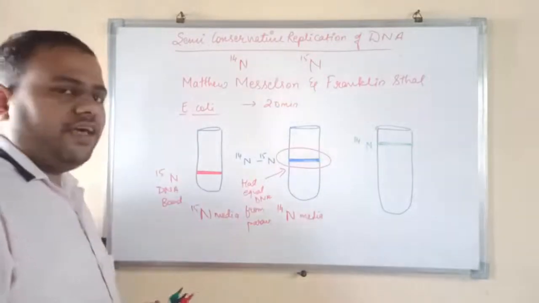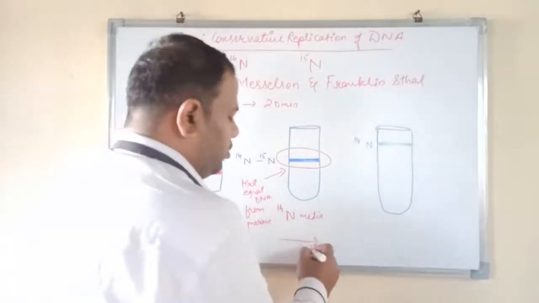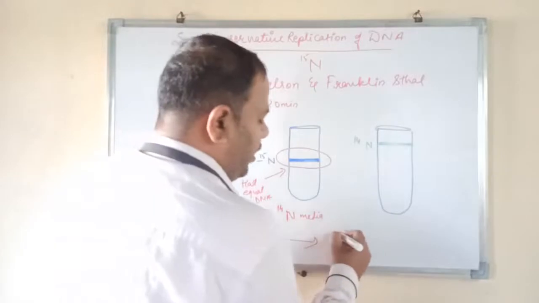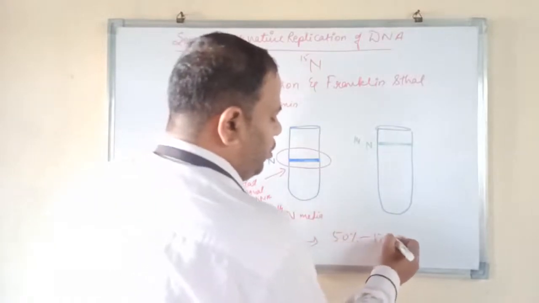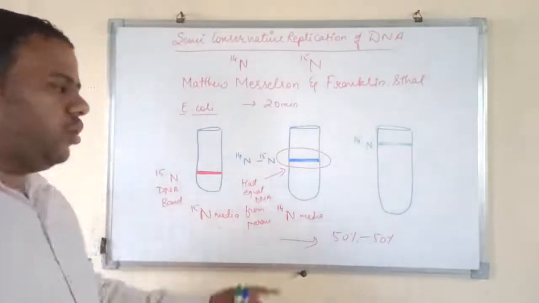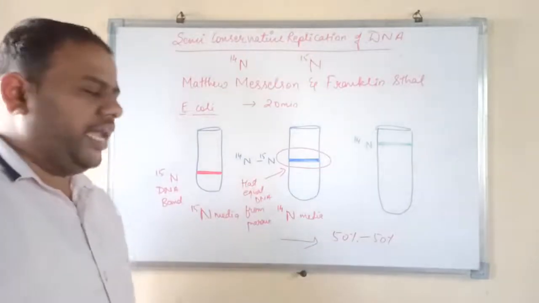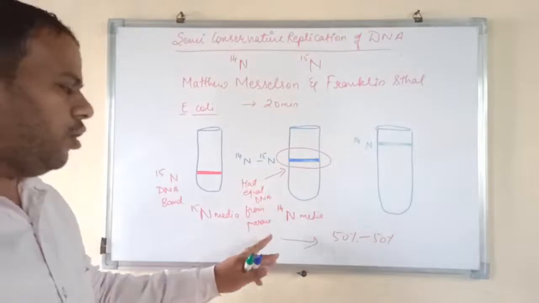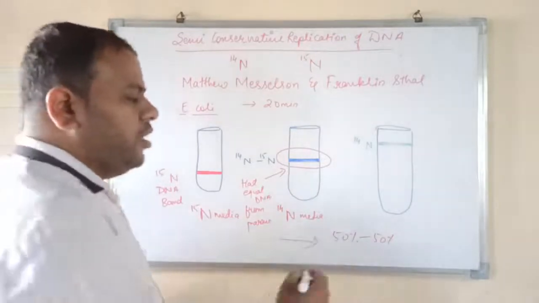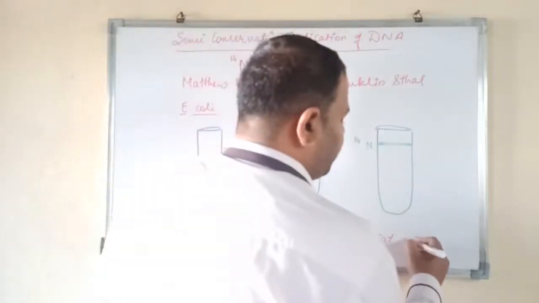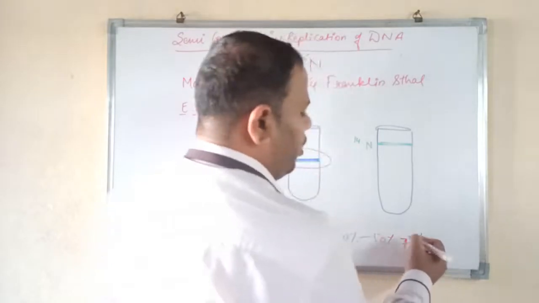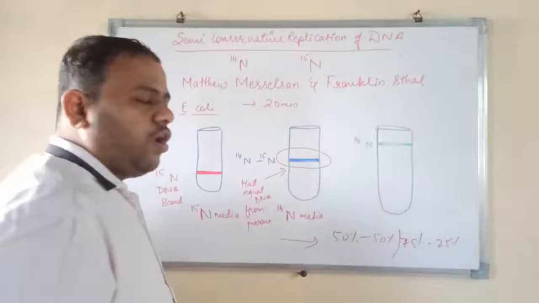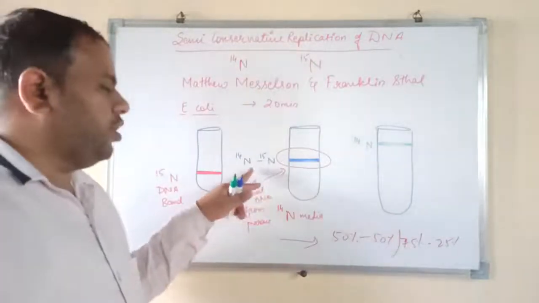To prove it further, they grew this E. coli for further generations. First of all, the reading was 50%. In this generation, when it was grown, you got 50% of either of the DNA. Then when they moved to the second generation of E. coli on normal nitrogen 14 containing medium, they got the ratio as 75% of N15 and 25% of this normal isotope.